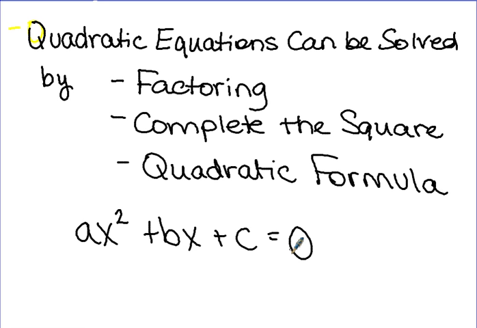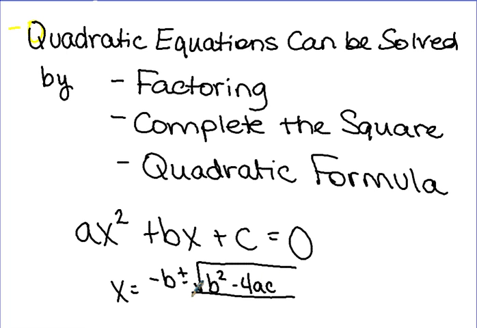If I was to do completing the square from this, I would end up with an equation that looked like this. X equals negative b plus or minus the square root of b squared minus 4ac all over 2a.